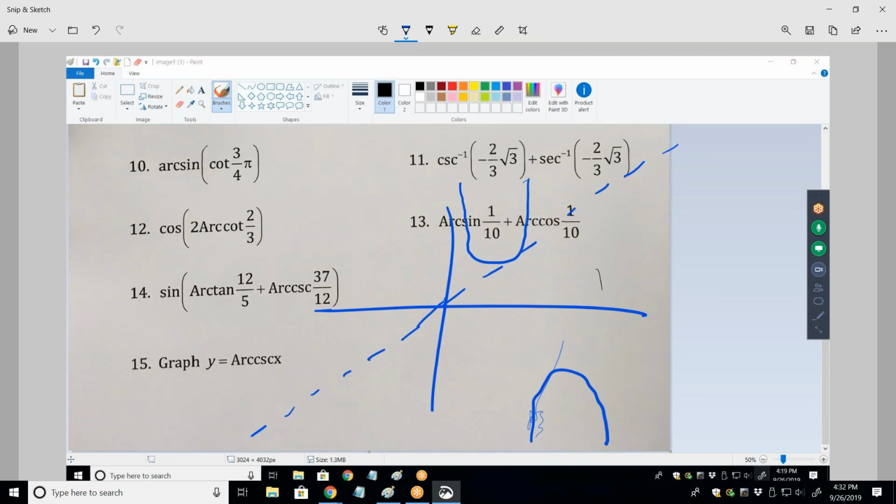And if I reflect that about that line, I'm not good at this, but you can figure out how to do it. Let's see if I use red. Okay, so it's going to look.